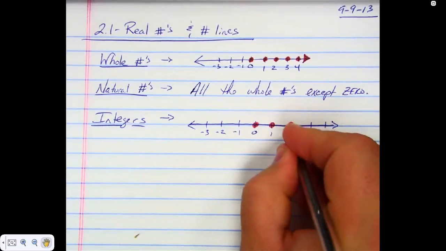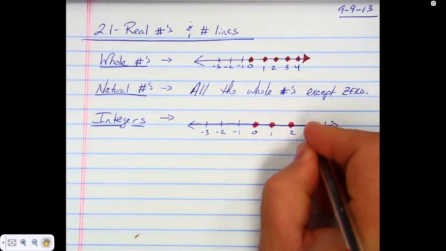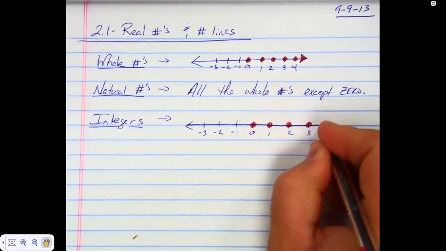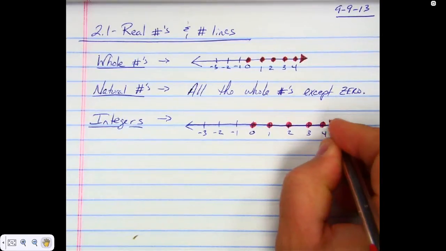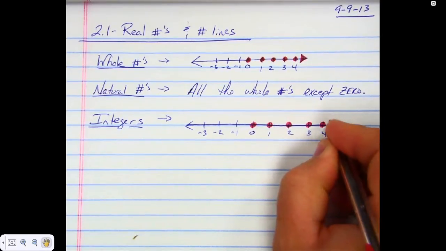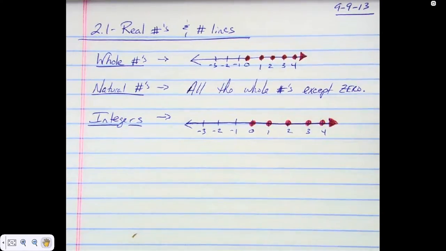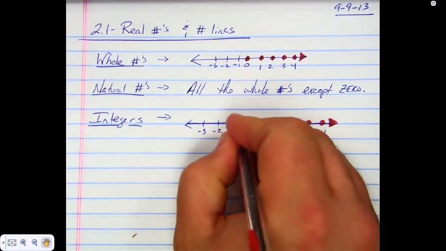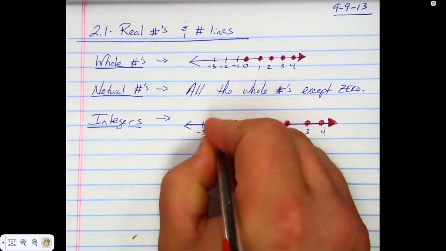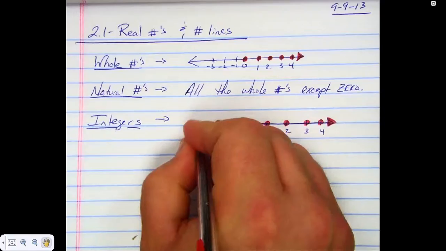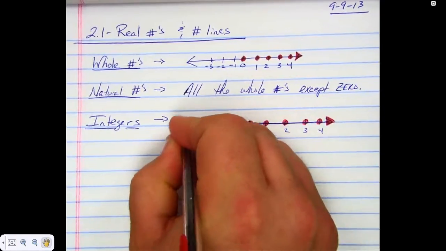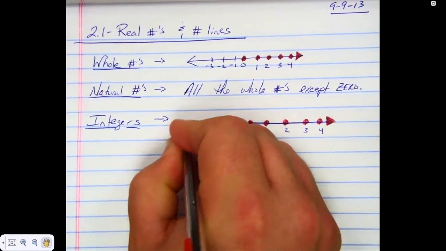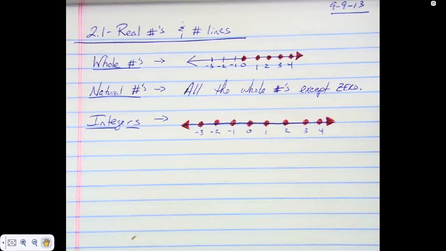That would be 0, and then all the positive numbers that aren't in between. That's the whole numbers, is it not? Does anybody know what the integers also include? The negatives of each whole number. So take all the whole numbers, put a negative sign in front of them, and that's what the integers have that the whole numbers don't. Same pattern, so on and so on.